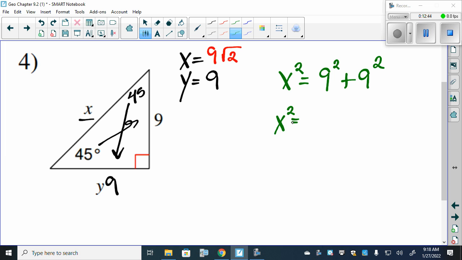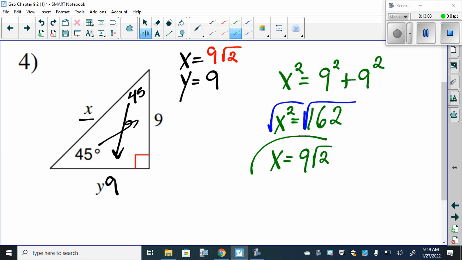Well, 9 squared plus 9 squared is, I think it's 162, because it's 81 plus 81. And if we square root both sides, x is equal to 9 square root of 2, and we get this here. Any other questions on this here?